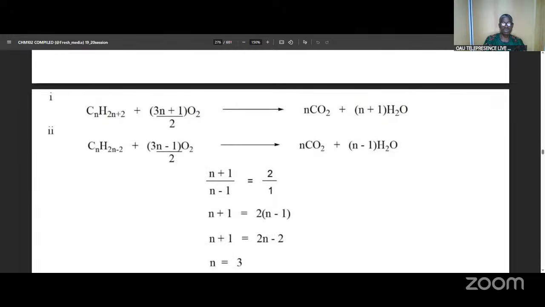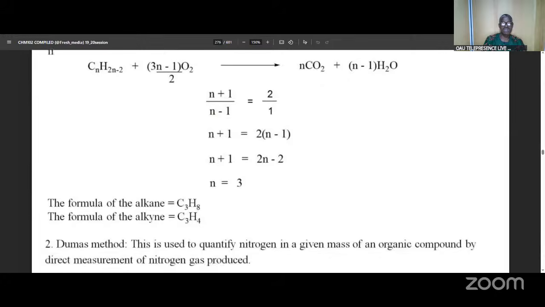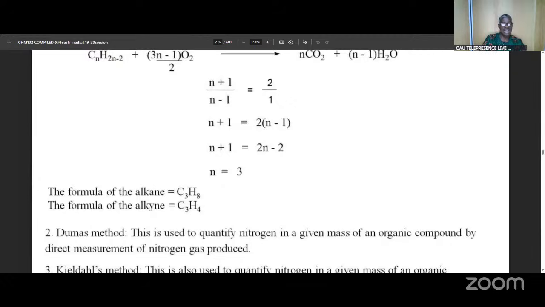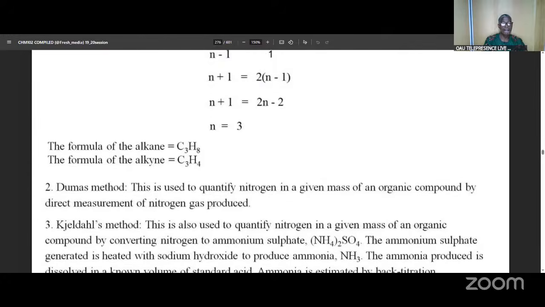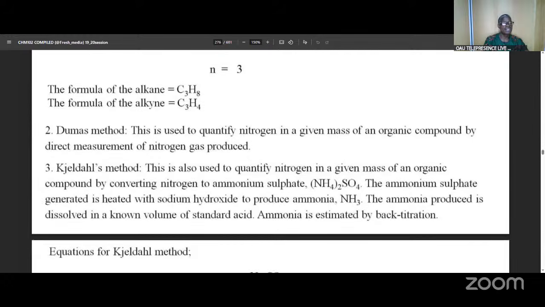So if you cross multiply, our n will come out, which is 3. And therefore, our molecular formula for the alkane will be C3H8, and the molecular formula for the alkyne is C3H4. Isn't this interesting? Yes, it is.